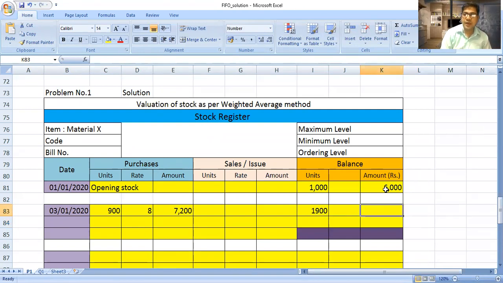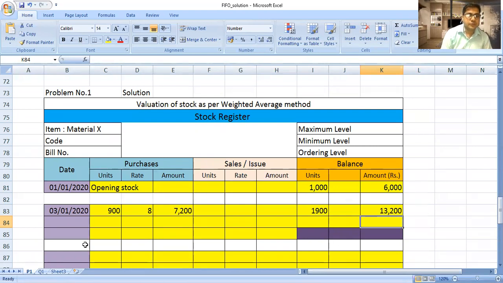Then we have a previous opening balance of rupees 6,000 and new purchase value of rupees 7,200. So here we write 6,000 plus 7,200, the value will be 13,200. I hope you understood how we will write our values.